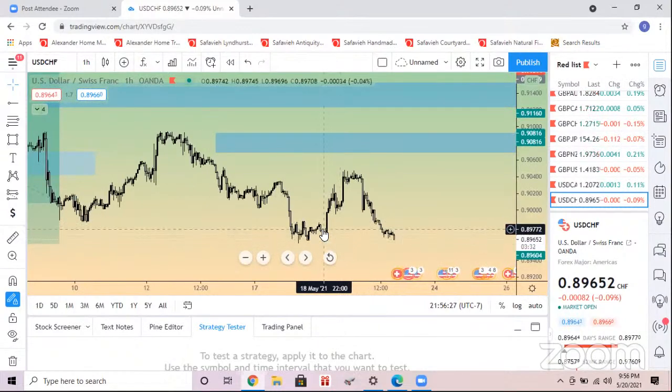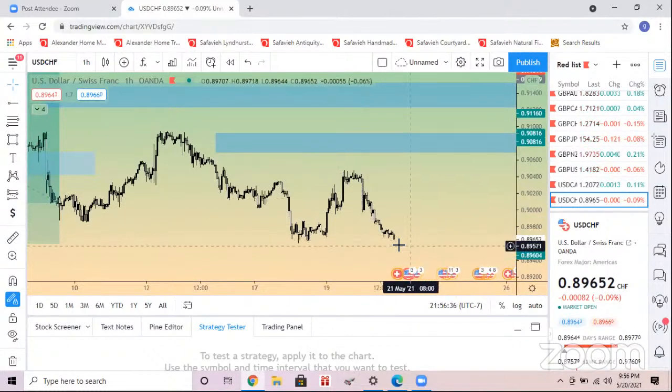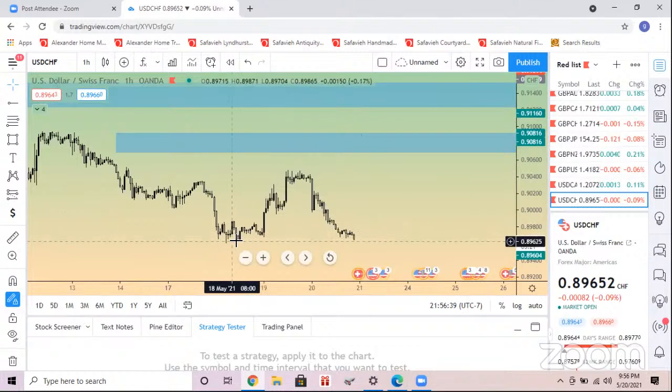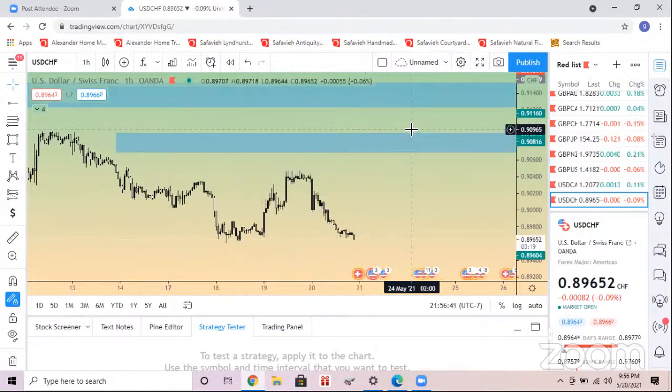So we'll see if we can confirm the redistribution right now. With this, this could be tapping into this candle right here. It might take off.